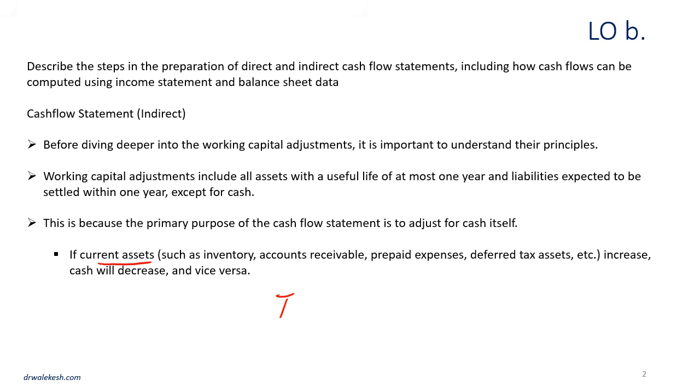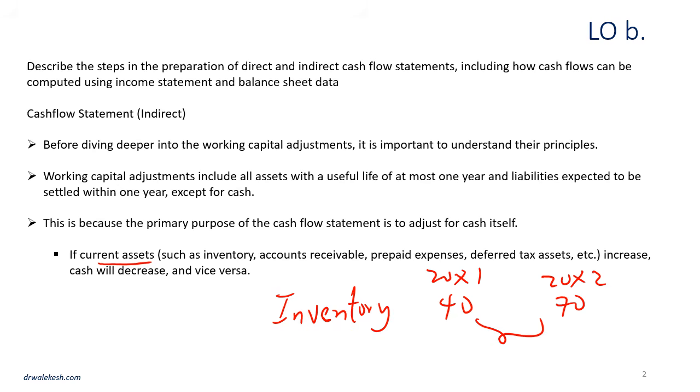Let's imagine we are dealing with inventory. In 20x1, let's imagine we have inventory of 40. Then in 20x2, the inventory has increased to 70. The increase, the change, is 30. So this change will be deducted on the cash flow statement.